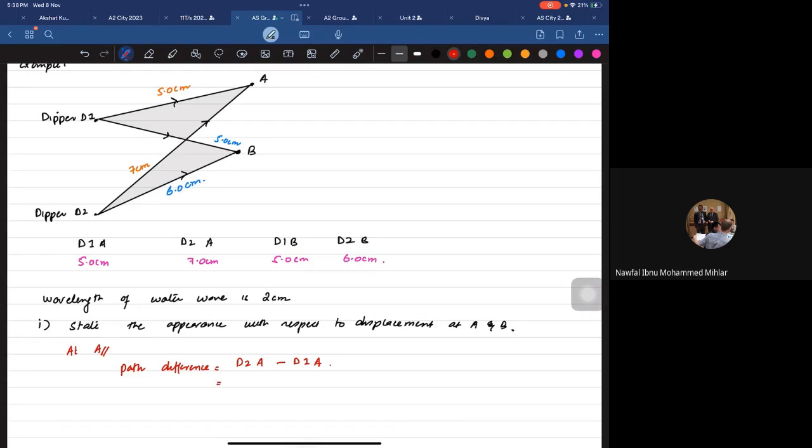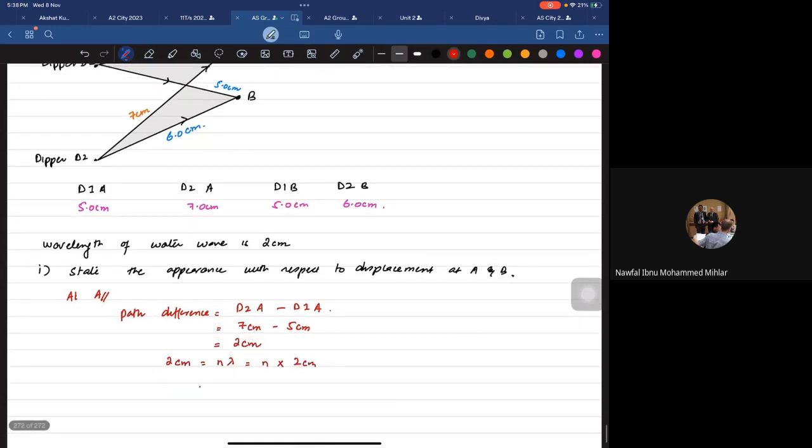Which means this is going to be 7 centimeters minus 5 centimeters. That's going to be 2 centimeters. And then when you find the path difference, it will be 2 centimeter equals n lambda. Lambda is basically equal to 2 as well. So you will get n as 1.